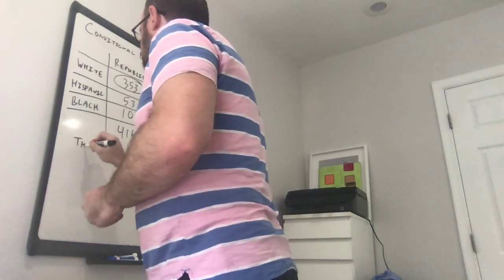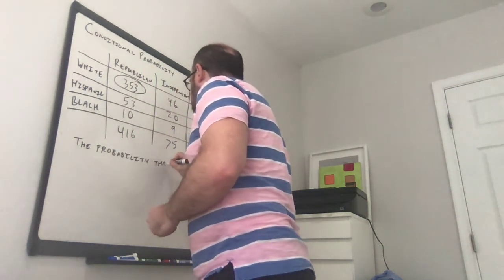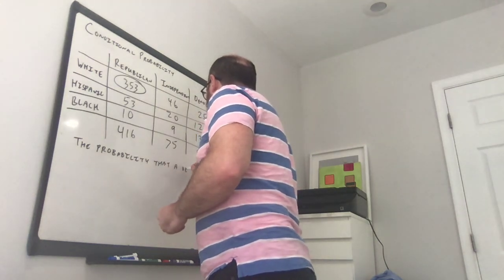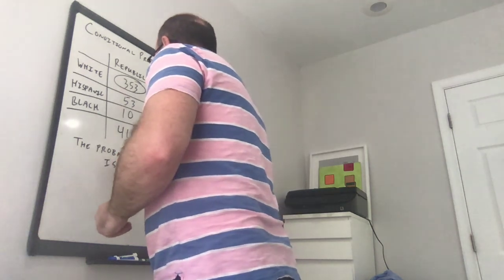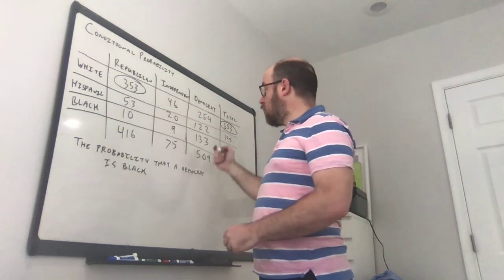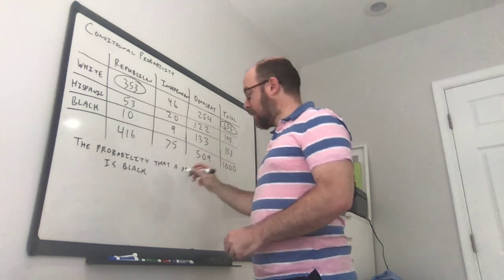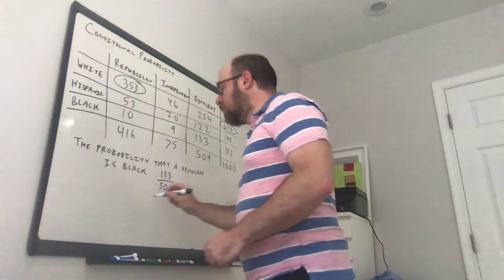The probability that a Democrat is black: we already know that they're a Democrat, we just want to know the probability that they're black. That would be 133 over 509.